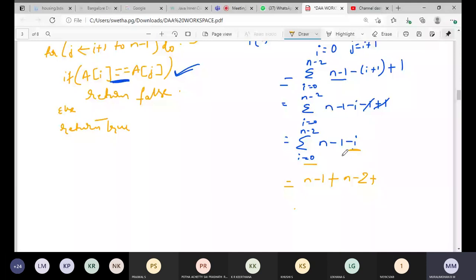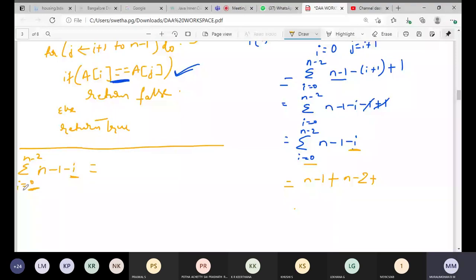Very simple. It is like this. The summation I is equal to 0 to n minus 2 is there, and here n minus 1 minus I is there. So we are substituting I is equal to 0 at the I position. When I is equal to 0, we are getting n minus 1.